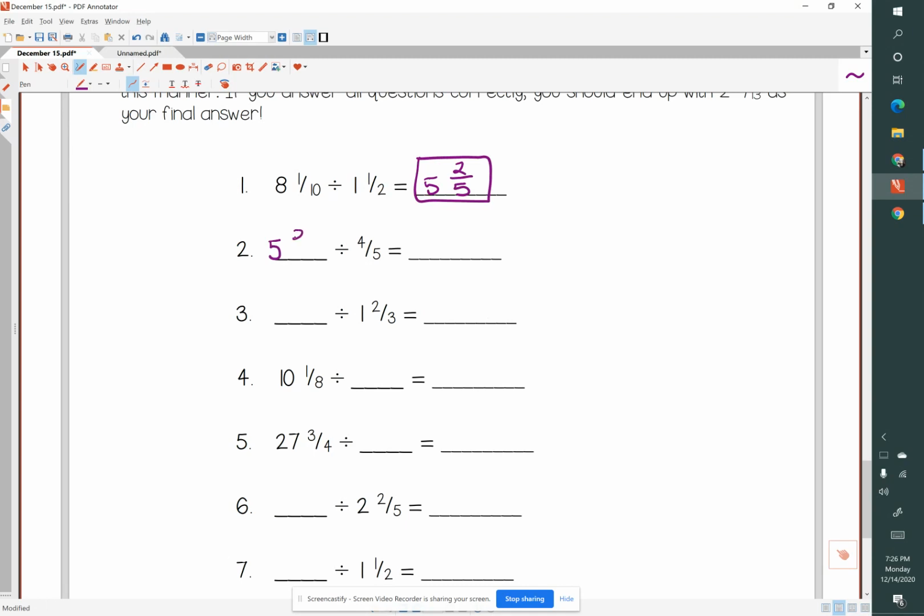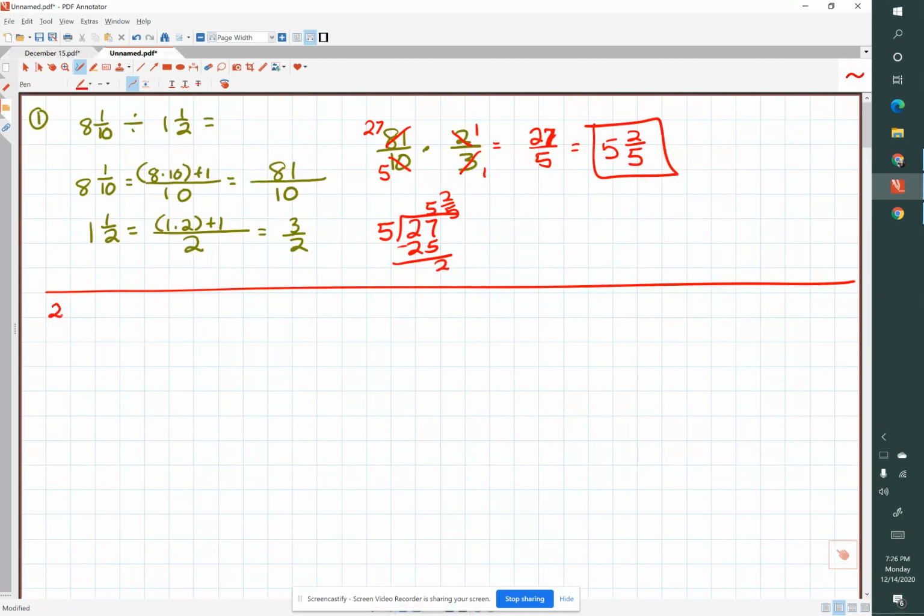That goes here. And we'll work the second problem. Now this 5 2/5, we already know from the first problem, is 27/5. And so we will do our keep, change, flip.